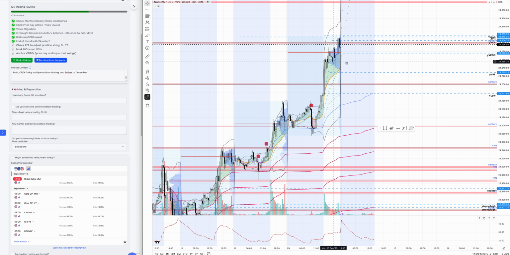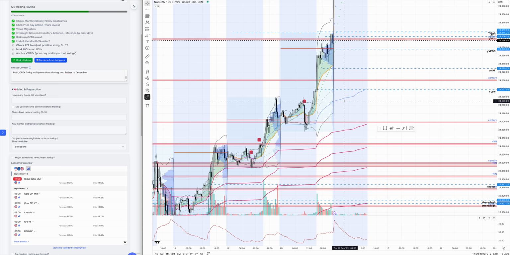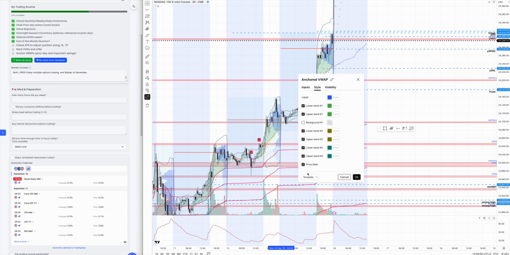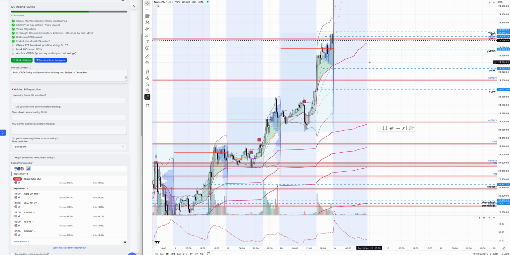We have the value. This is the most important thing for me: value, point of control, high, low. Then I do anchor the VWAP. Again, ETH, this is my anchor VWAP. Yesterday, prior day, anchor VWAP.